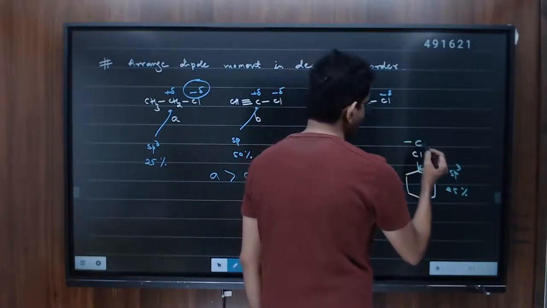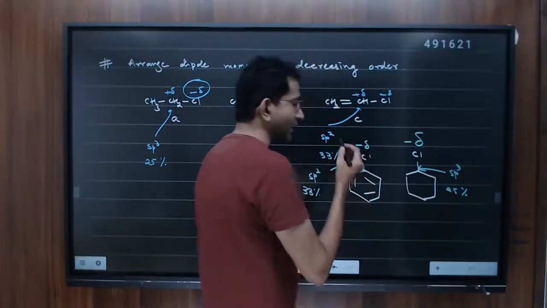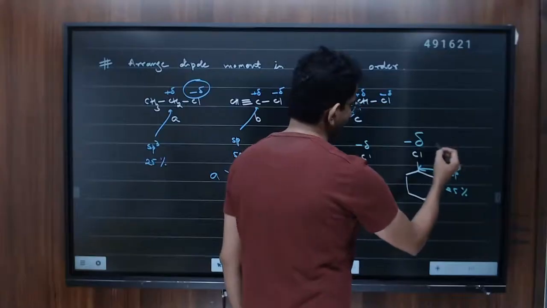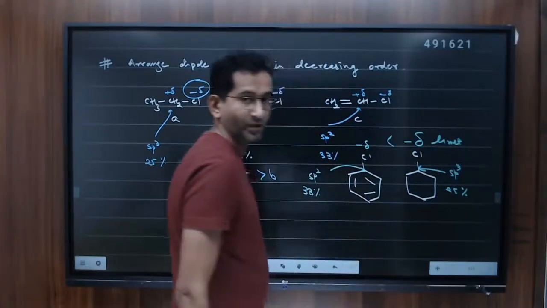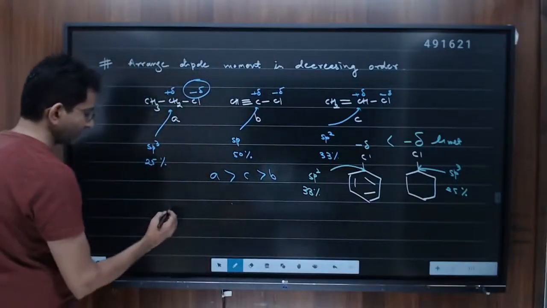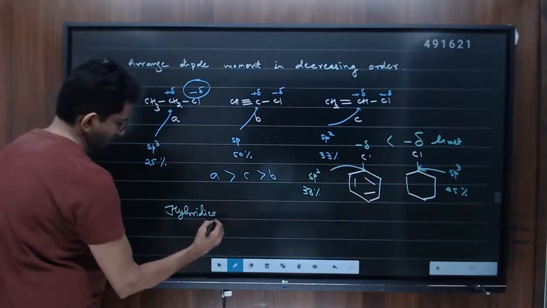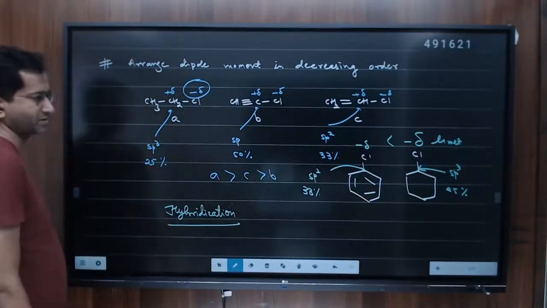So this chlorine will carry larger minus delta, and this chlorine will carry lower minus delta. So with larger minus delta, its mu net will be higher than this. So it all depends on hybridization.